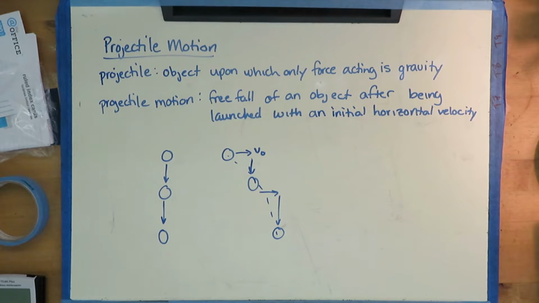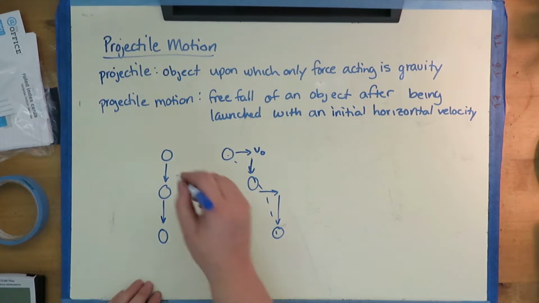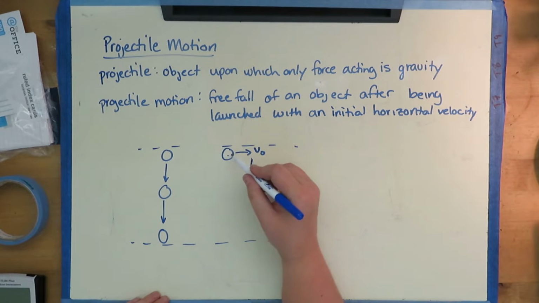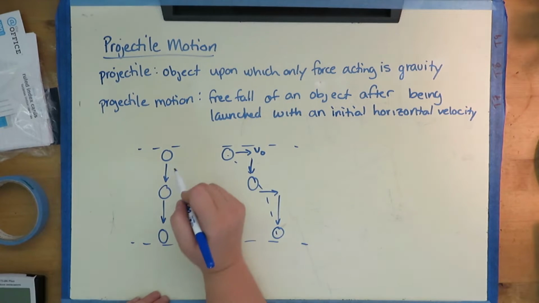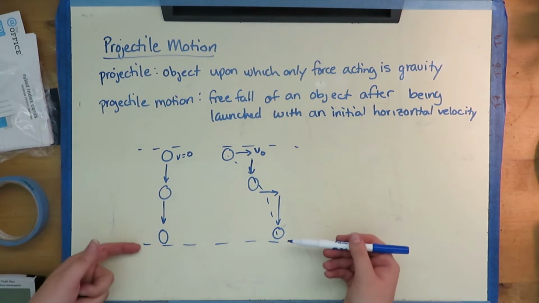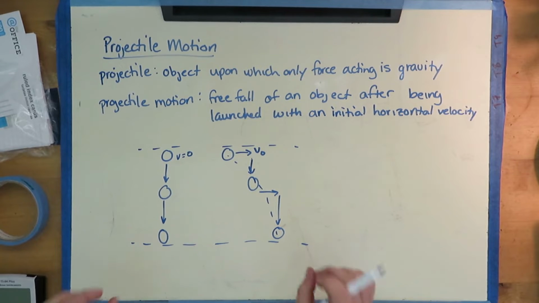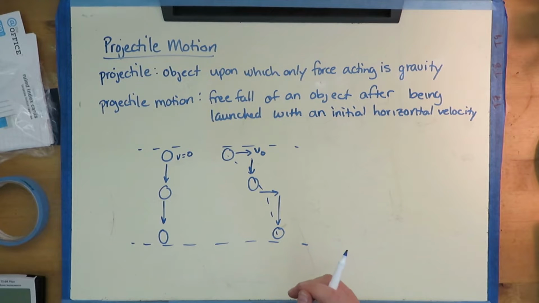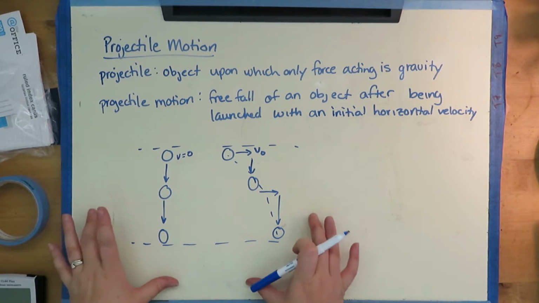What's really cool about these two problems is that if I were to release this one horizontally from the starting height and this one at rest from the starting height, they're actually going to hit the ground at the exact same time. And I've linked a video that shows this in Canvas, right after this video.